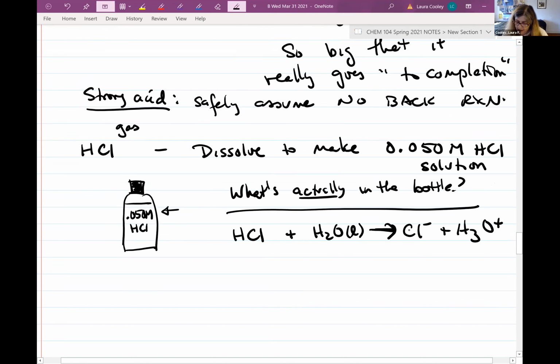It is a one-way arrow. So if I have 0.050 molar HCl, it's labeled that on a bottle, but there are actually no HCl molecules inside that bottle. So what's actually in the bottle? Well, maybe you can help me with that answer.